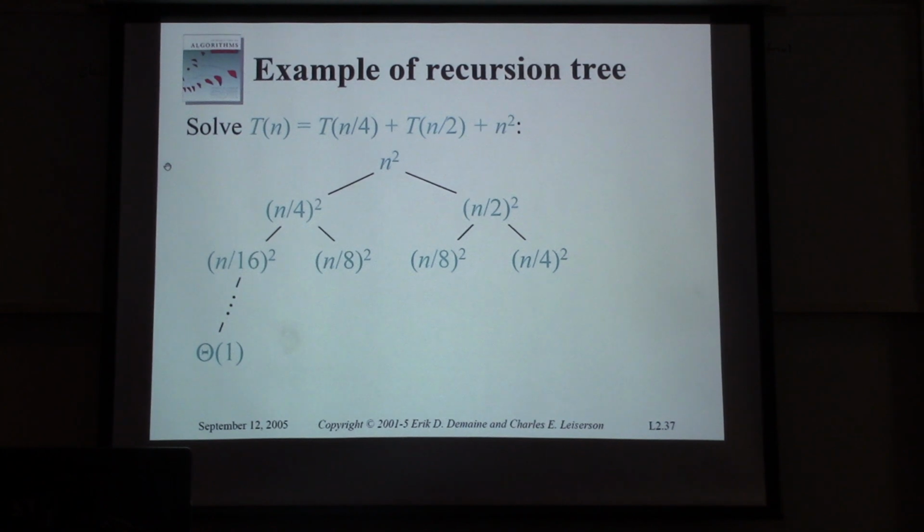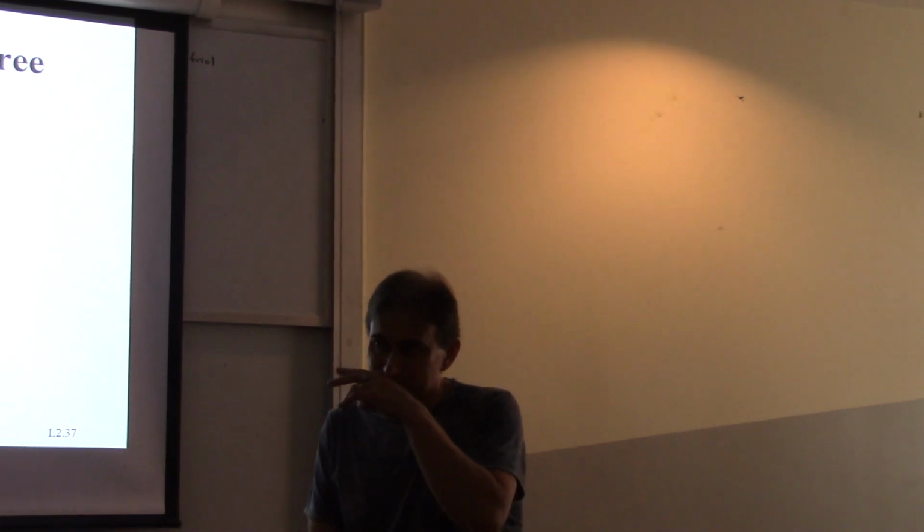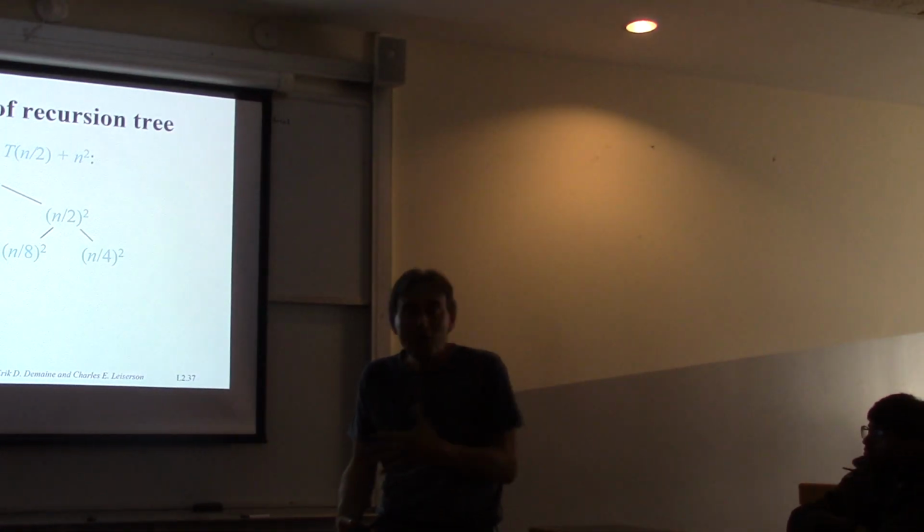Now, n is what? n is just the input size of the algorithm. It's the size of the problem we're solving. And so what are we doing with this problem? We're cutting it into 4 pieces, into quarters. Now, when we cut something into quarters, how many times can we cut it into quarters? So, for example, if I have something that's 16, I cut it into quarters. Each quarter is what? 4.